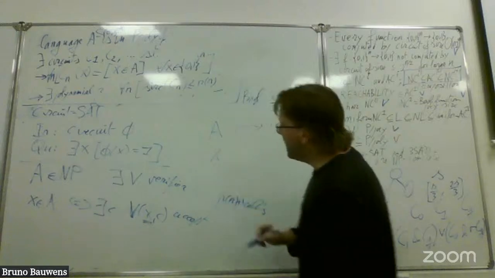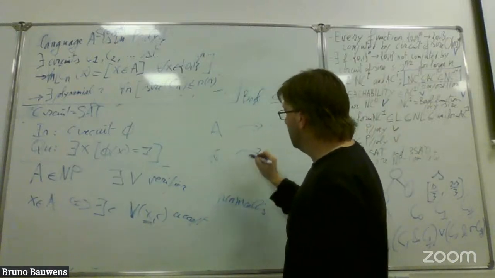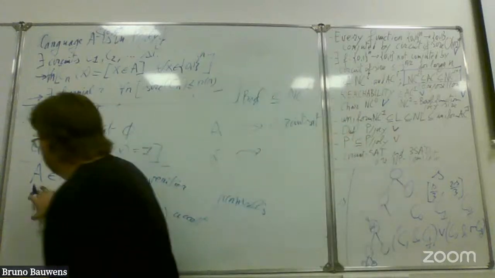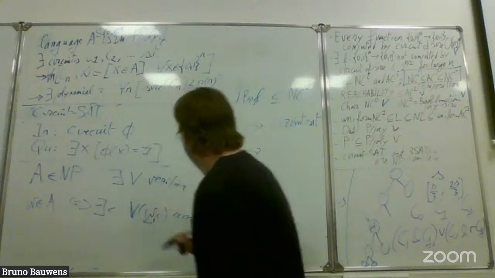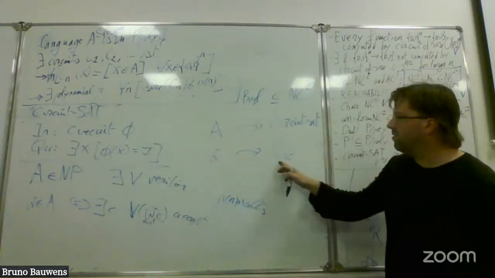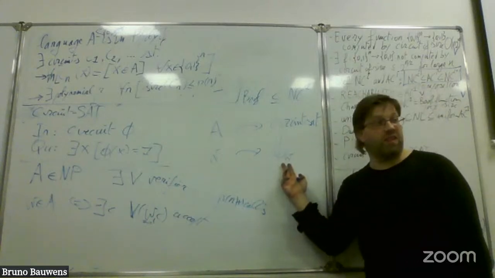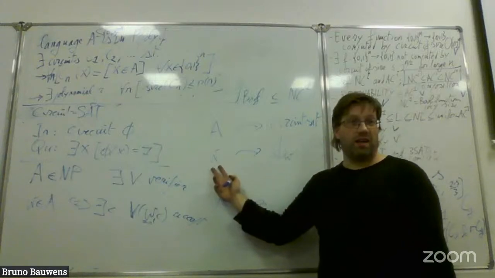We get a string w, and we need to make a circuit phi_w that is satisfiable if and only if w is in A.